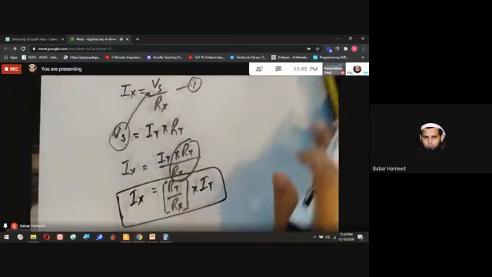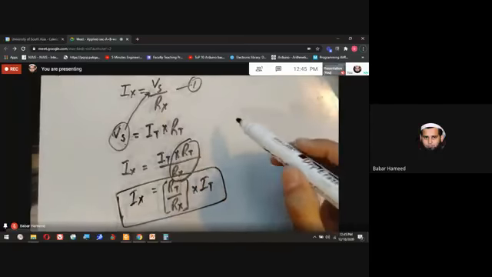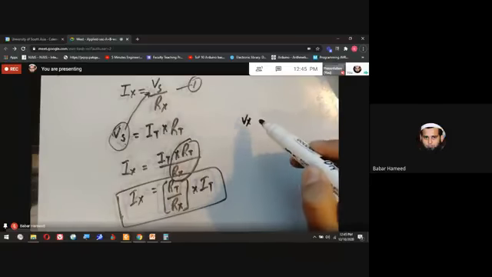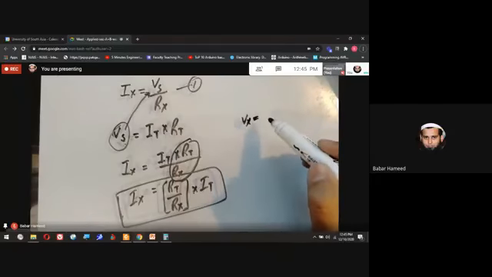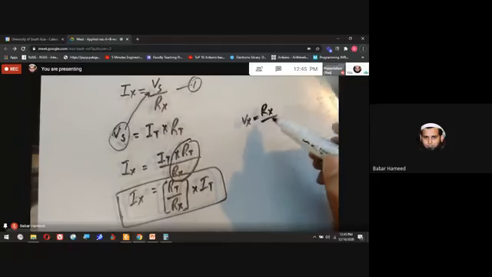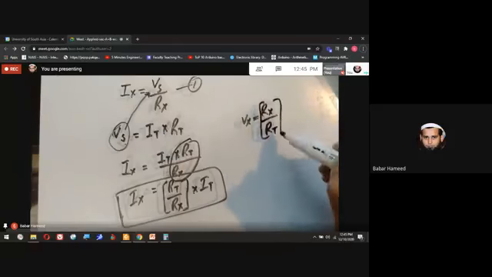If you remember, in series we were doing the same practice, but the formula was slightly different. We were saying that voltage in a particular branch will be equal to that particular resistance divided by total resistance multiplied by total voltage.